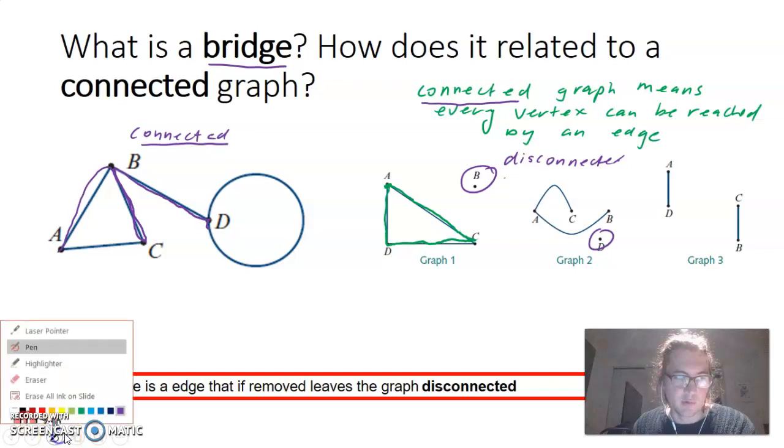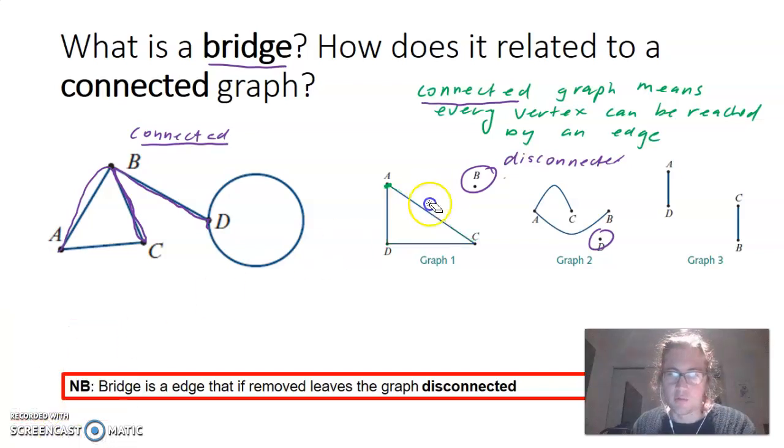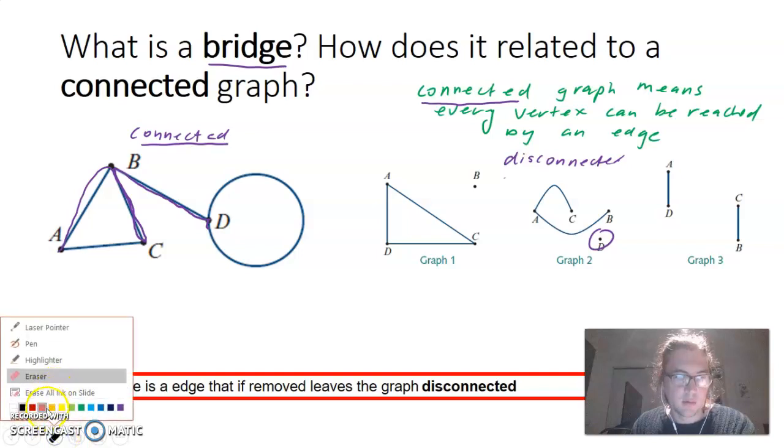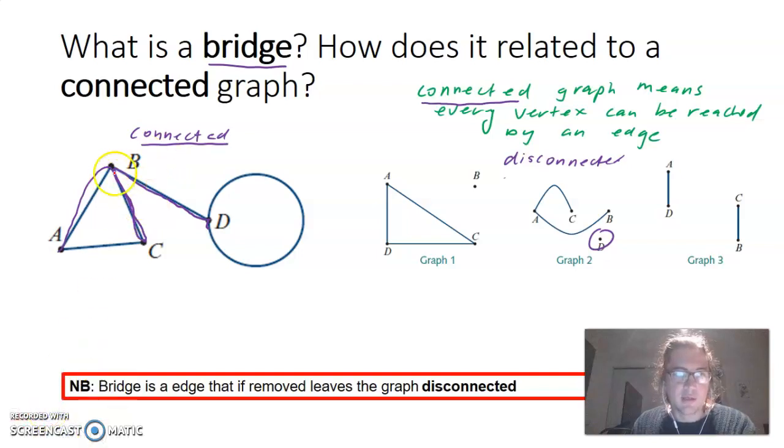So if I was to erase this, in this graph, the bridge is this one here. Because if I was to remove this edge, all of a sudden you have these vertices here disconnected from D. So that is a bridge.